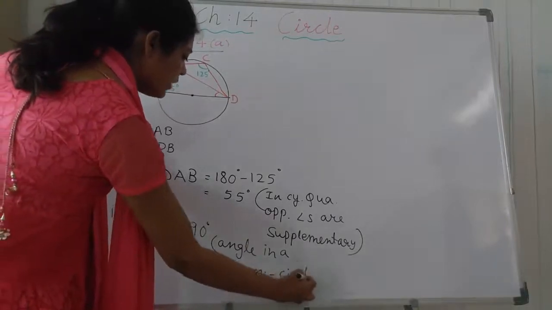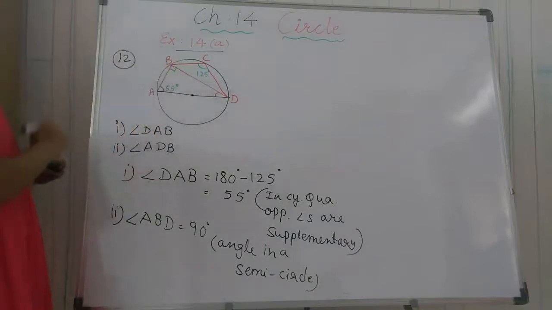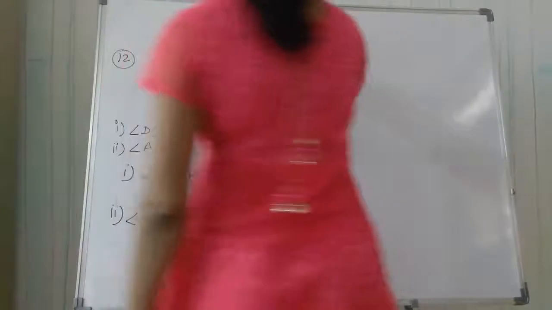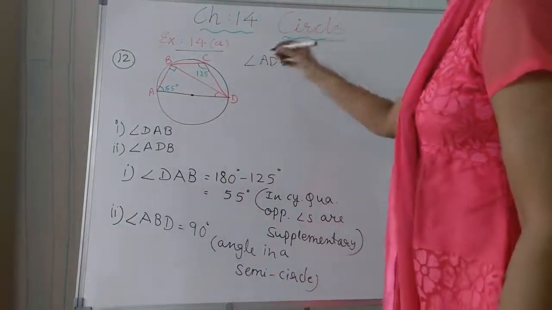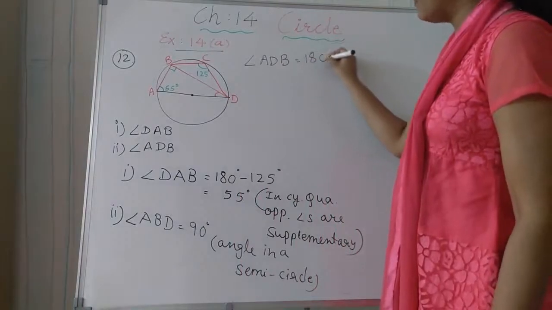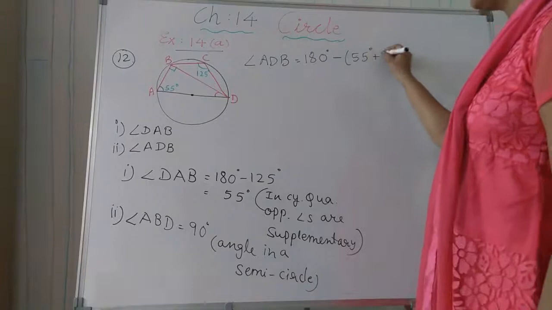Okay, so now two angles of the triangle ABD are known. One is 55, the other is this. So we can find the third angle, angle ADB. So I am writing here angle ADB is equal to, by taking the angle sum property, 180 minus (55 plus 90) degrees.